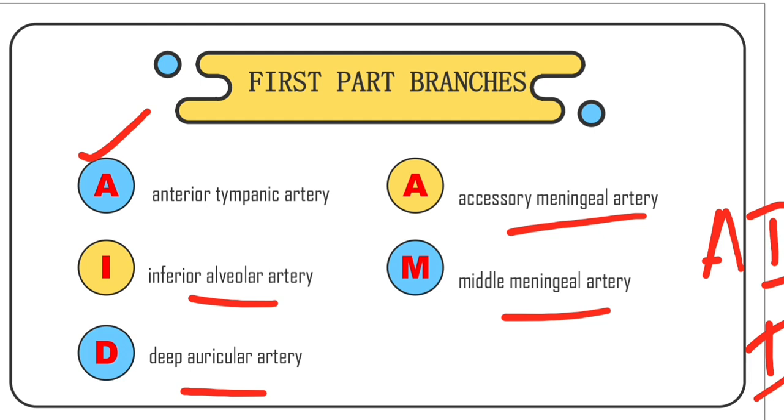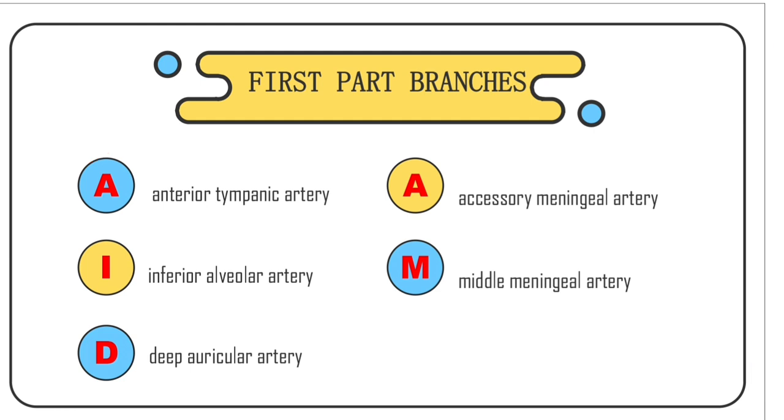To know more about this: the anterior tympanic artery and deep auricular artery supply the tympanic membrane and the tympanic cavity, that is the middle ear cavity. The inferior alveolar artery supplies the mouth, in the teeth regions.